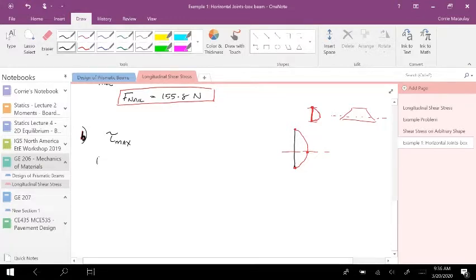So let's quickly look at Q. Let me draw the box beam here. We have that box beam. That's what our box beam looks like. We want to be at the neutral axis.